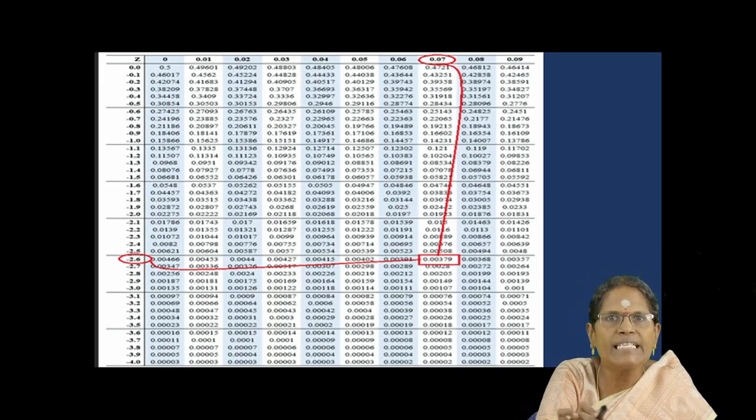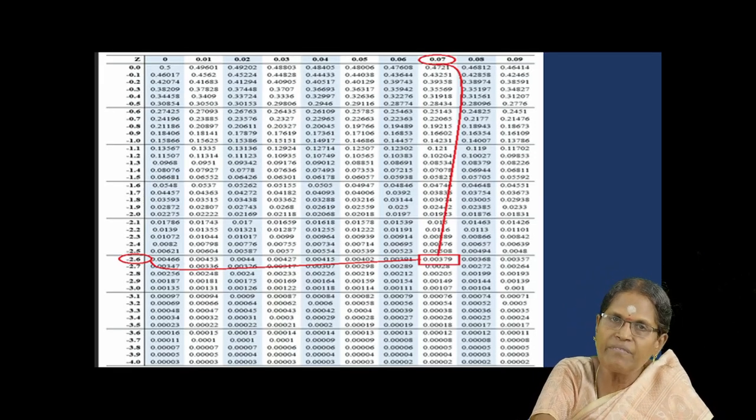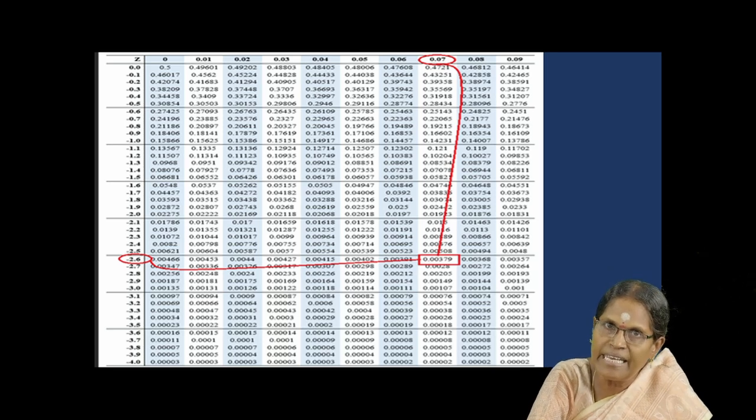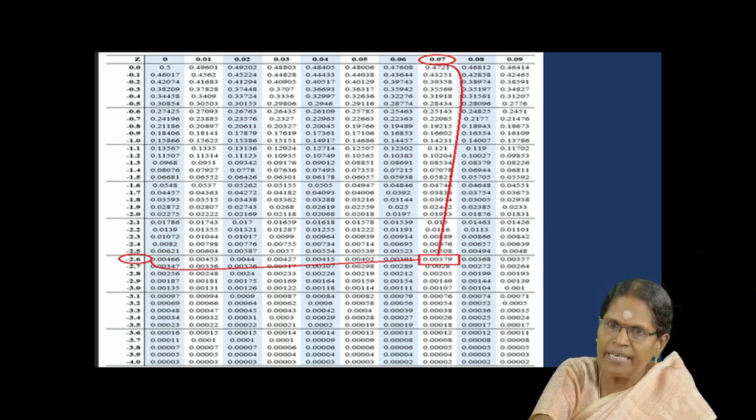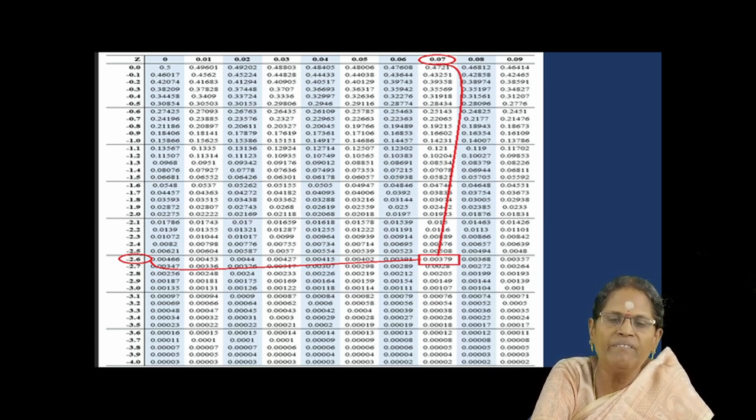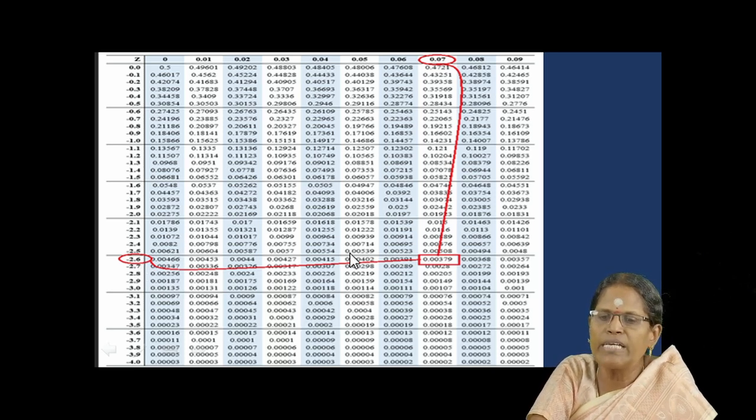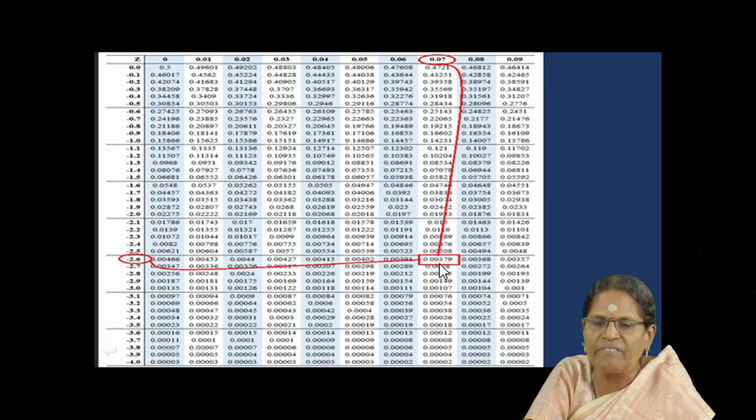Suppose it is the Z test. Here we use the term either area or probability. We can find it for minus 2.67. Here I take minus 2.6 in the row and come to the column 0.07. So what we have is 0.00379.